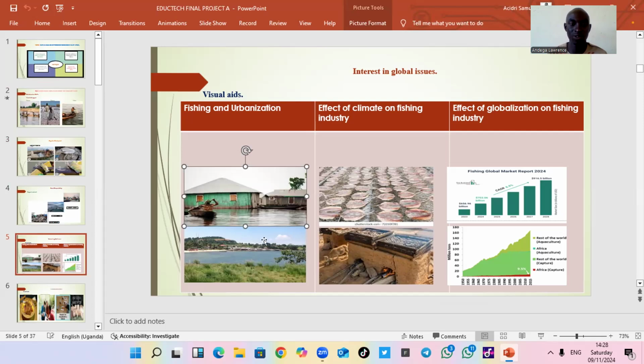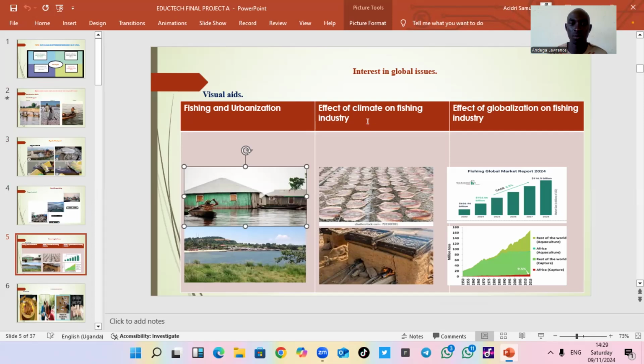So people have structures and it is a clear sign of urbanization. So this is to make learners understand that in our world there are a lot of things, especially when fishing. Fishing always incorporates things like urbanization in the due course of its development. So it is very vital.